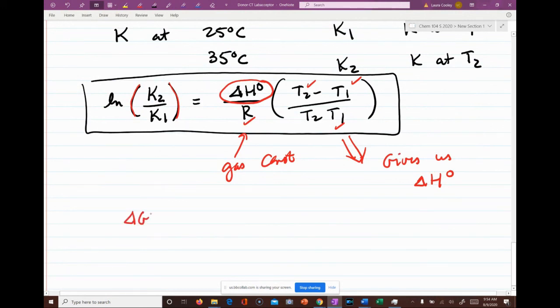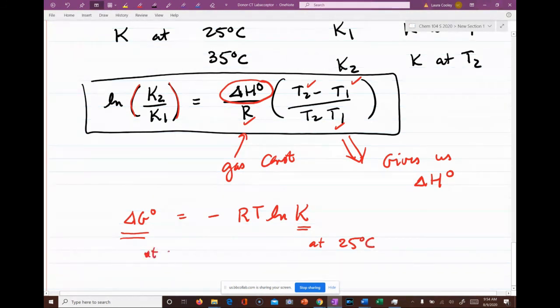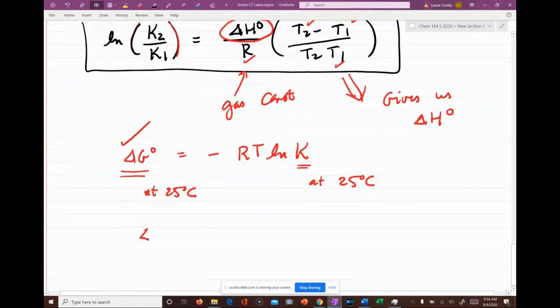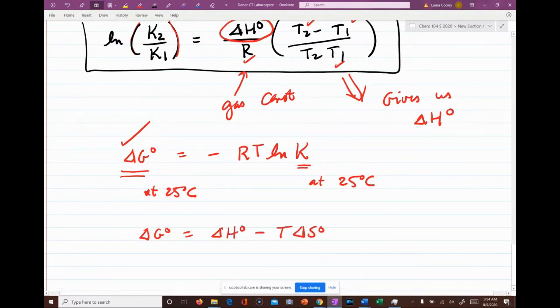And we also know from chem, which you learn at the very end of the semester, and we'll learn later in PChem, of course, that we can get the free energy change from the K, and we would use this at 25 degrees C, and this will give us delta G at 25 degrees C. So we'll be able to get the delta G. And then using this formula, since we will by this time know delta H and delta G, and we'll know the temperature, 25 degrees C or 298 Kelvin, we'll be able to get the change in entropy.